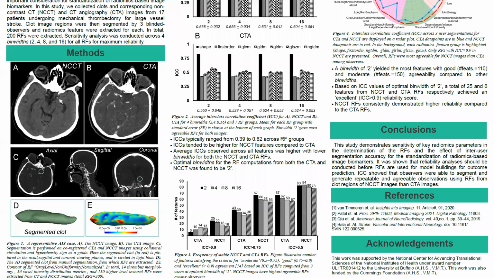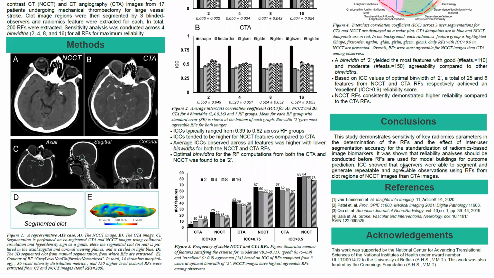So based on all these observations, we were able to conclude that these radiomic features are clearly sensitive to these bin widths, to how the user segments these plots. We also were able to see that probably before introducing these radiomic features to multivariate models, it might be necessary to do a filtering based feature reduction step, wherein you just get rid of features that are not reliable enough.